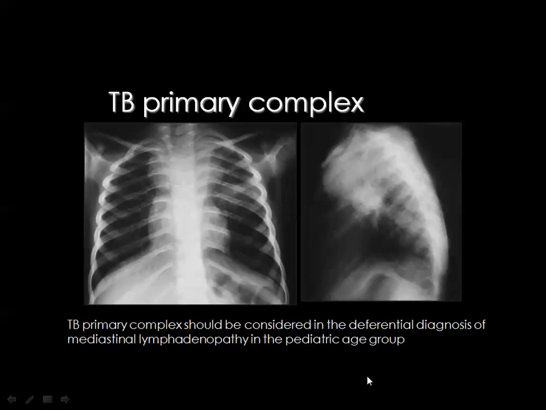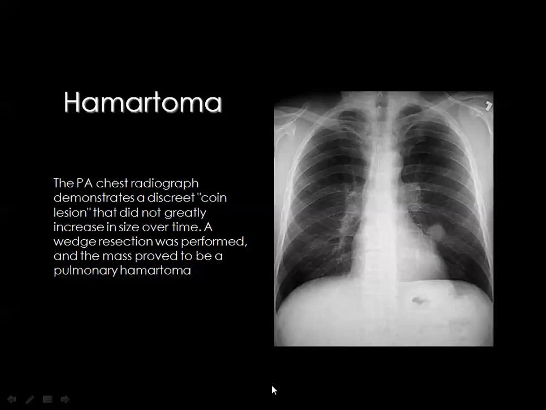That is to say, if you see a pediatric chest and you can see that there are mediastinal lymph nodes, mediastinal lobulated masses in anatomic site of lymph nodes, then one of the differential diagnoses should be a TB primary complex.